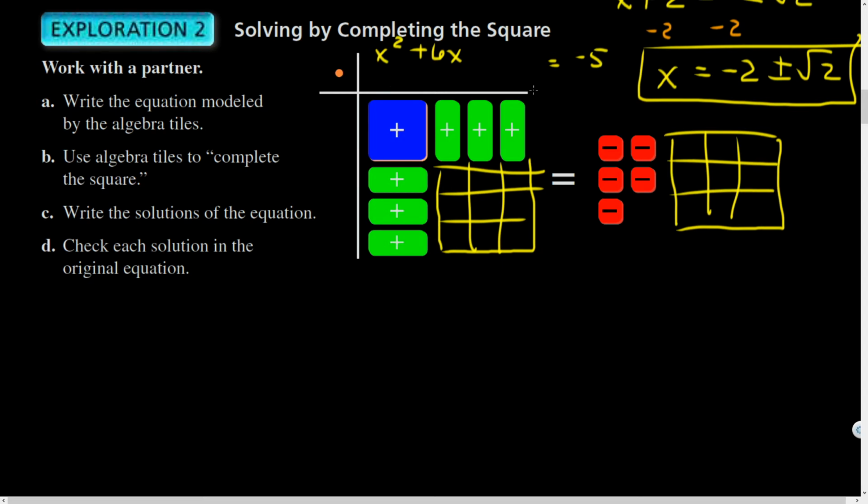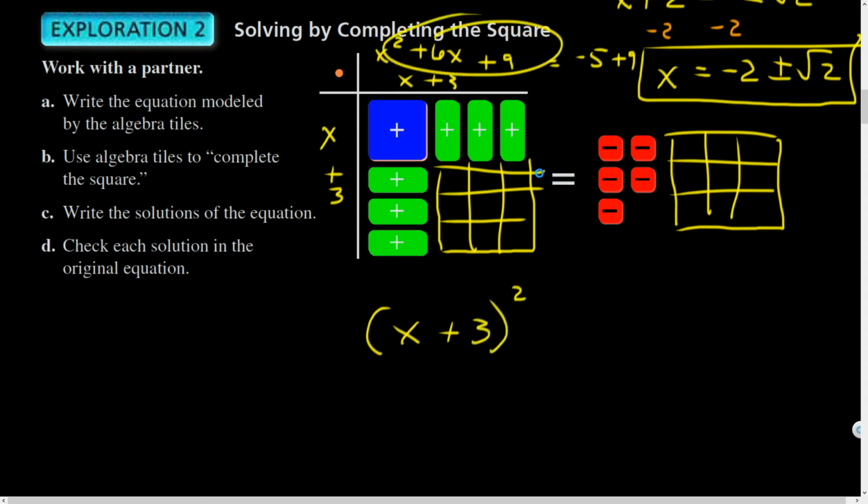And so that's the same as adding 9 to both sides. And now I can write the dimensions of this square. That's x plus 3 times x plus 3, which, by the way, is the factored version of this expression. And we'll do some non-algebra tile ones in a minute, don't you fret.